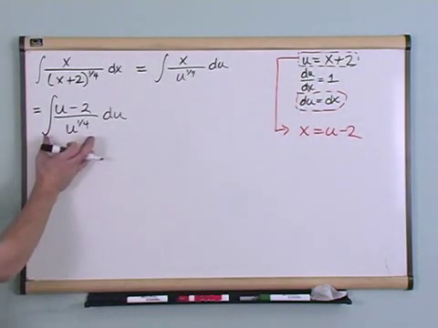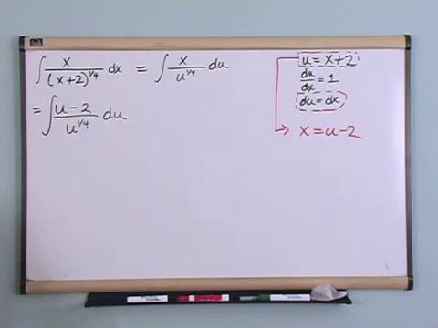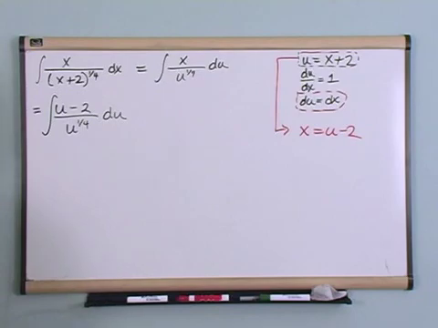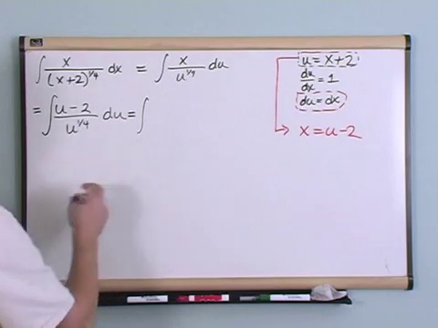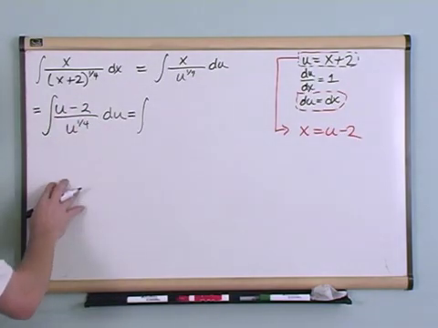And now I have, in principle, a very solvable problem, but it still looks a little bit funny because I don't think I've ever shown you how to do something quite like this. So what would you do? This goes back to playing with the problem until you get it into a form that you can work with. So let's do that. This can be written as two things on the top subtracted, and you've got something on the bottom, right?